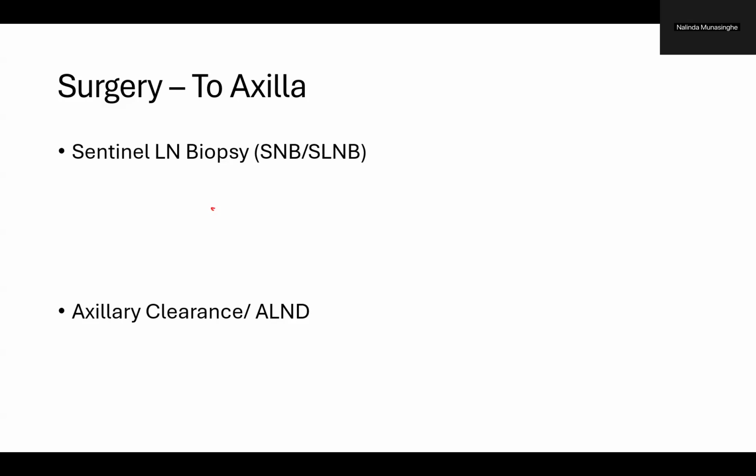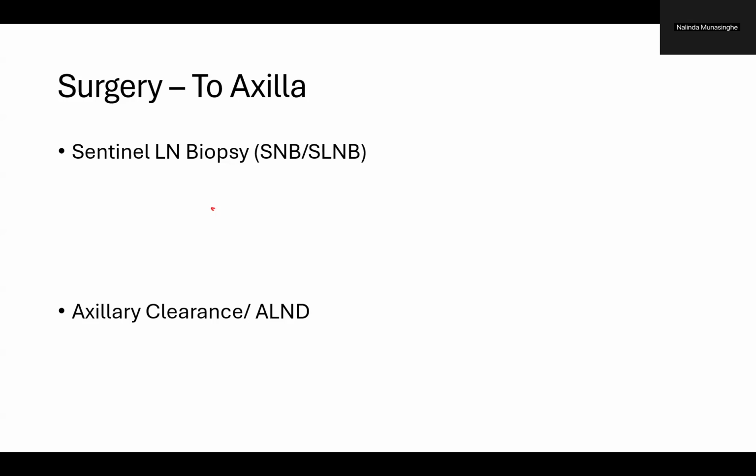So that's why the world has moved away from that, unless the lymph nodes are clinically and or cytologically proven to be involved. Okay, so sentinel lymph node biopsy, how do you do it? The idea is to remove the lighted up nodes with blue dye, methylene blue dye or patent blue dye, but what we have in Sri Lanka is the 2% methylene blue.